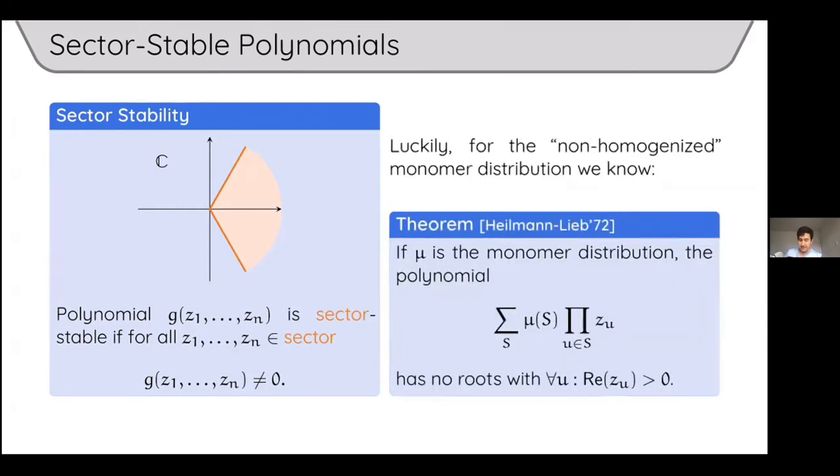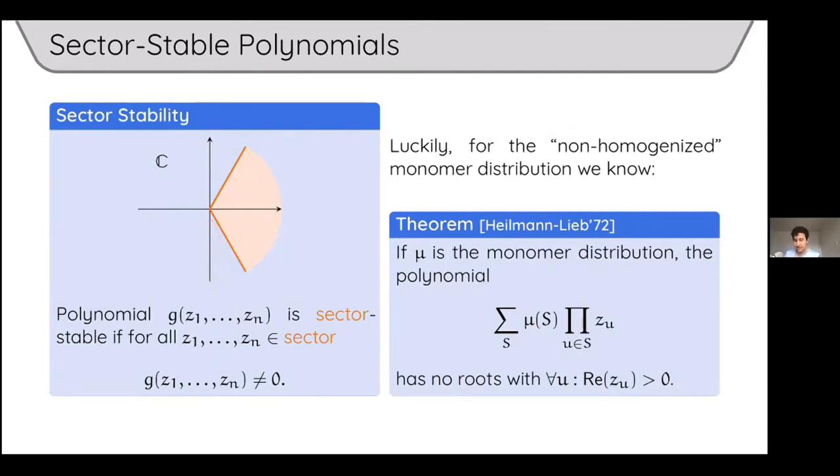Okay. So there is a polynomial related to the monomer-dimer system that has this property exactly with the right half plane, and this was shown first by Heilmann and Lieb. Basically, they showed that the non-homogenized version of the monomer-dimer system has this property with the entire right half plane.